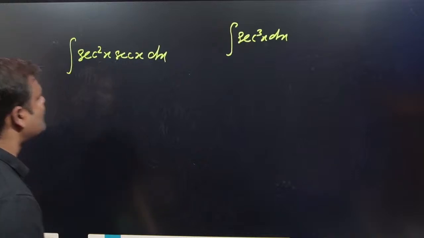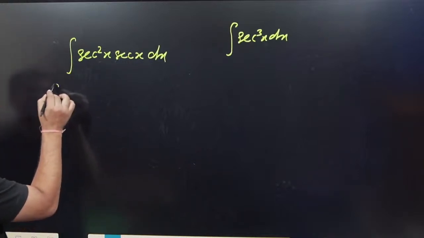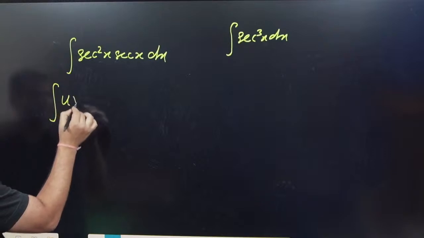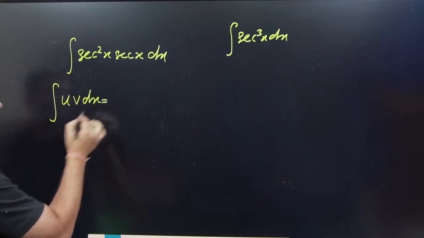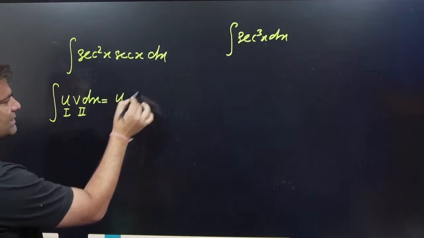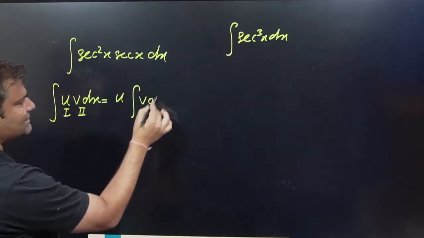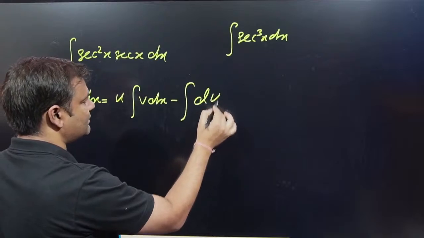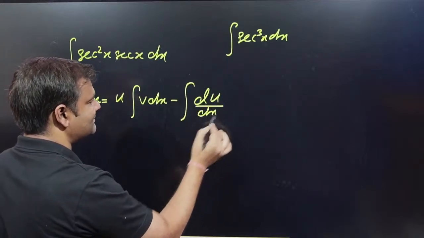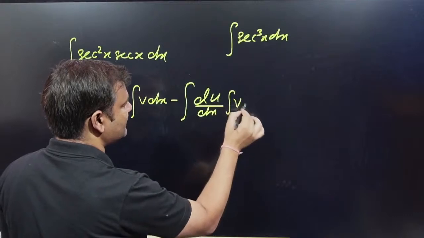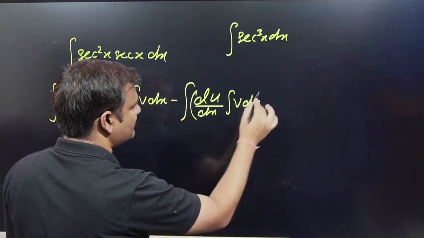You can use integration by parts. If u into v dx is given, then u is the first function and v is the second function. So first into integration of second dx minus integration of the differentiation du by dx into integration of v dx into dx.